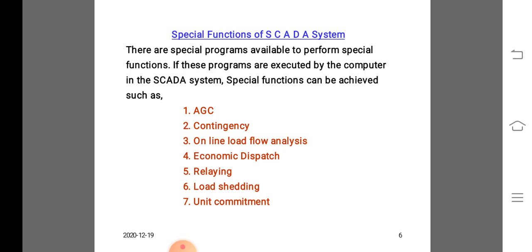So, a special function of the SCADA system is that relays are located within the remote terminal unit, and commands from the energy control center open or close selected control circuits to perform a supervisory action.